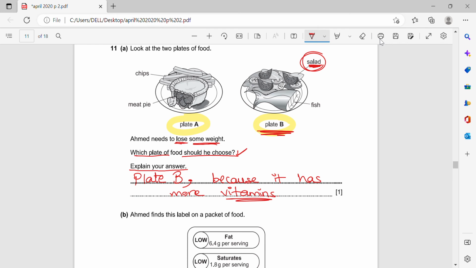Okay. طيب if you write plate B because it is healthier.